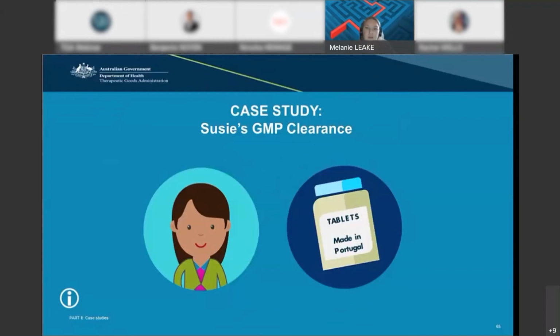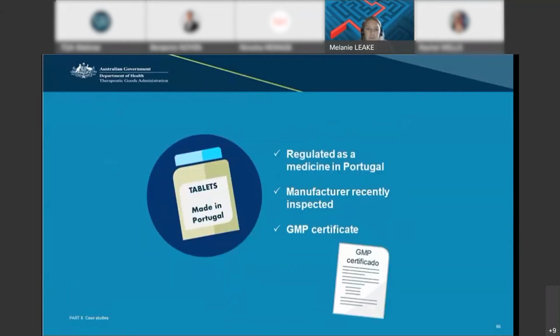For our case study, we have Susie, and she wants to be the sponsor of a prescription medicine that is manufactured in Portugal. Because the manufacturer is based overseas, Susie is responsible for obtaining GMP clearance. Susie's first step is to confirm the following details with her manufacturer.